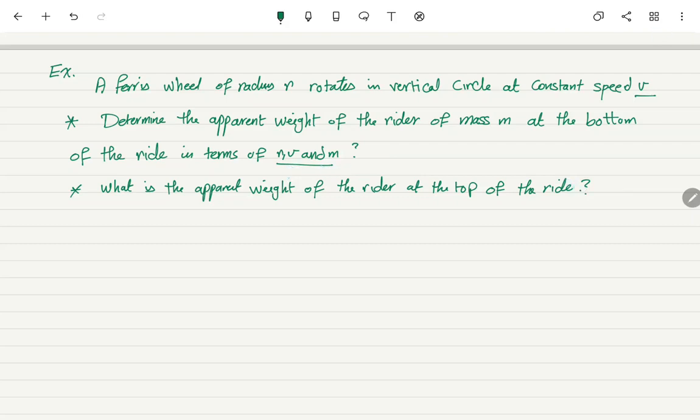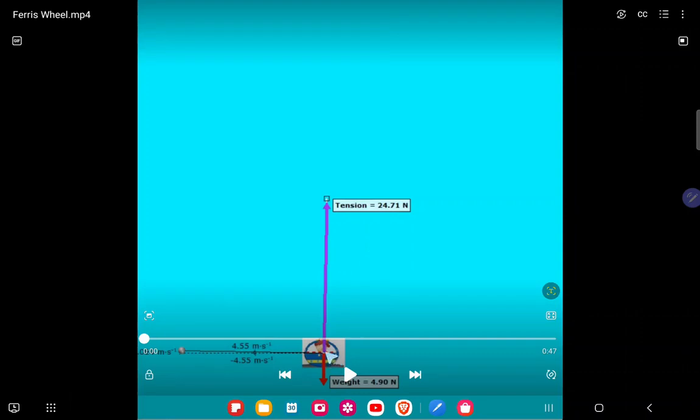Now, before solving this example, let's have this model. In this model, as we can see, we have two forces. The weight of the child is going down, it's mg. We're not actually interested in the tension because this is connected with the cart itself, and we are interested in the child itself.